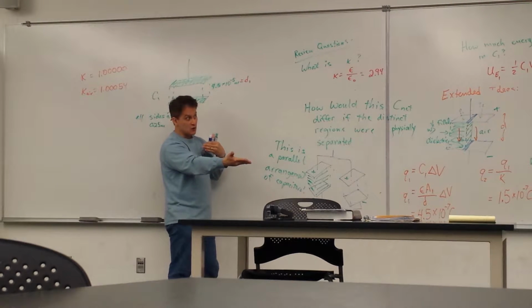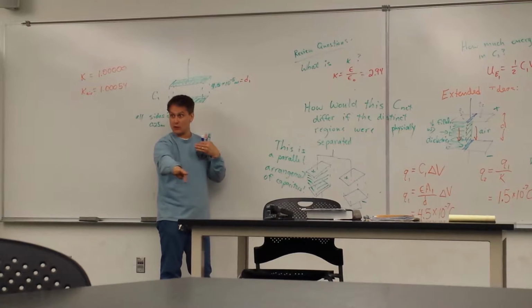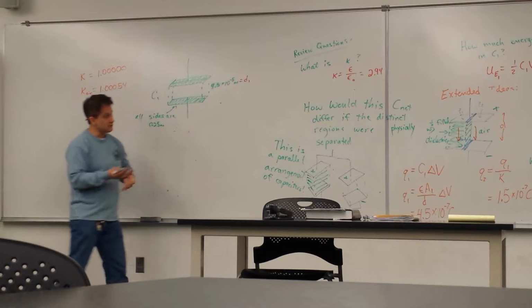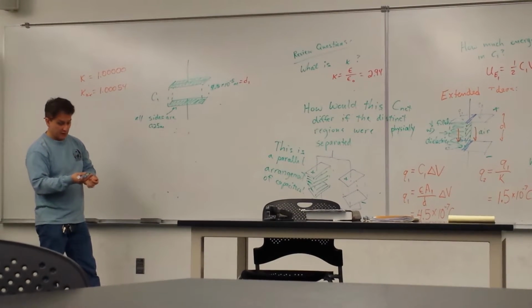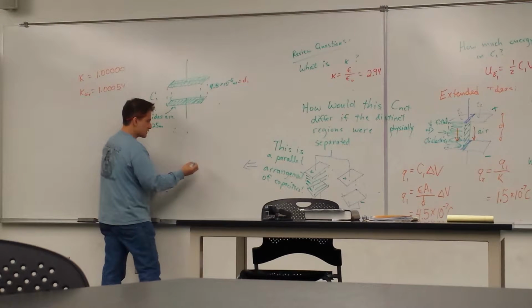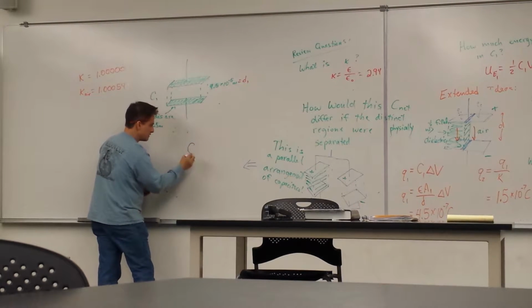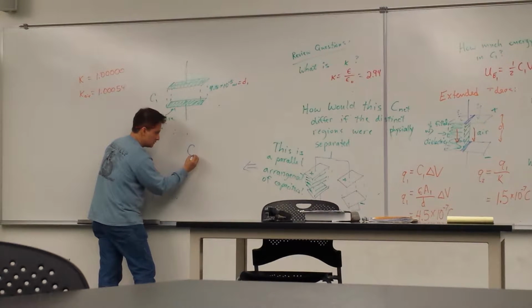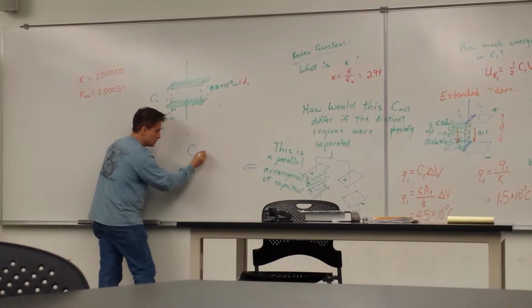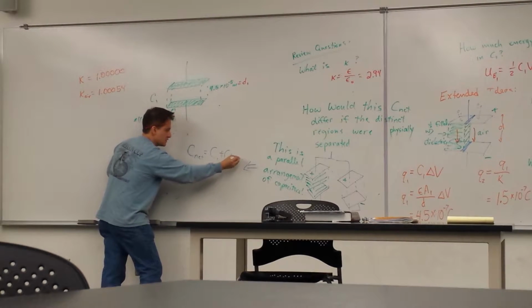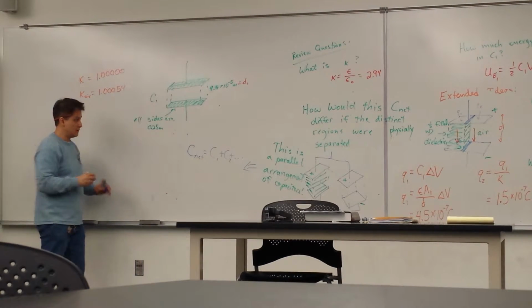Which, from electric circuits, is exactly backwards from the way resistors work, if you want to think about that. So it's important to distinguish. For this type of arrangement, whenever you have capacitors in parallel, it's always the combination of the individual capacitors additively.